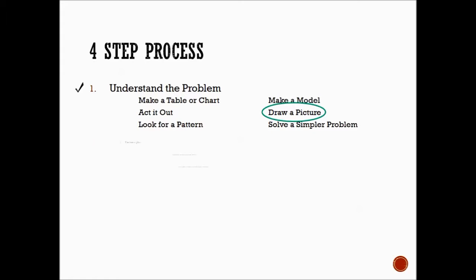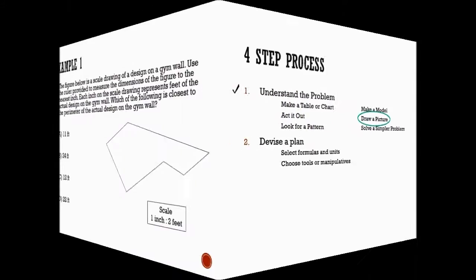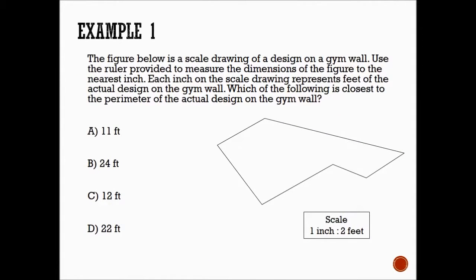So we're going to go right to step 2, devise a plan. As you read the problem, the very last sentence asks exactly what they want to know. Which of the following is closest to the perimeter of the actual design on the gym wall? We're looking for perimeter, the sum of all sides.